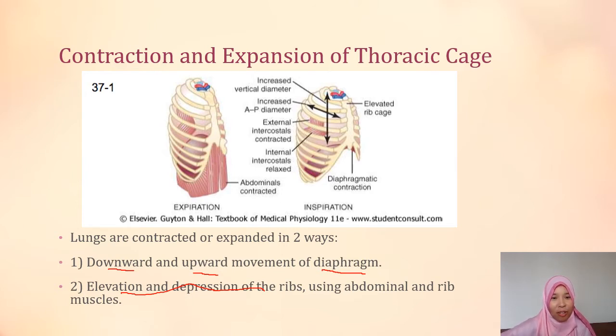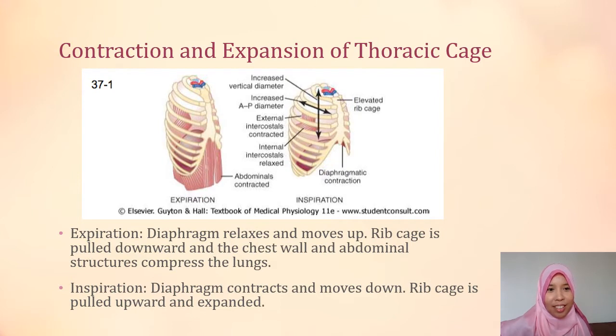They are the primary muscles, and their contraction will cause an increase in the thoracic volume as well, an increase in the lung cavity. So an increase in volume will cause a decrease in the pressure.